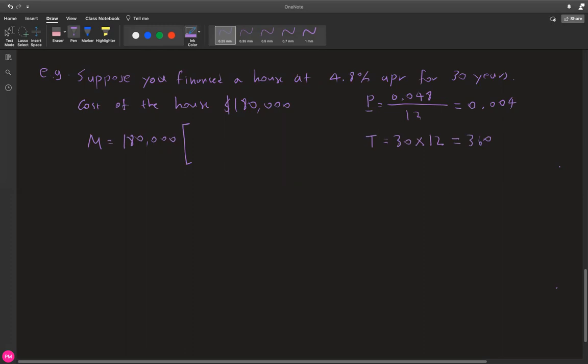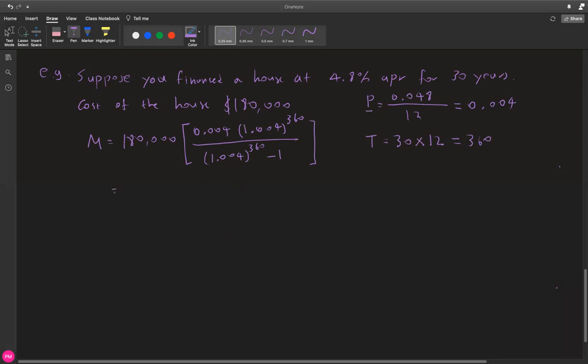So now knowing this, let's plug it back in here. We have 0.004 multiplied by 1.004 to the power of 360, and you're dividing everything by 1.004 to the power of 360 minus 1.